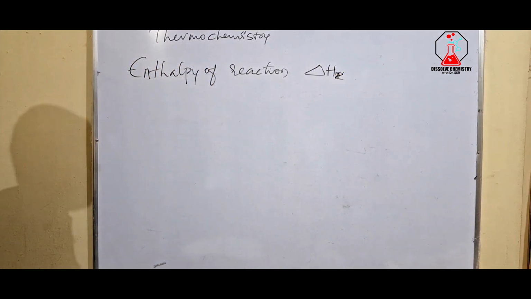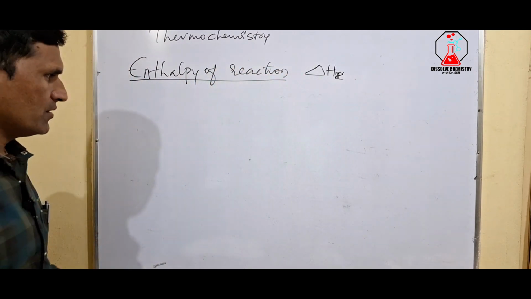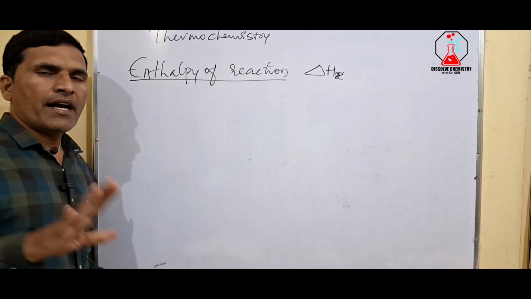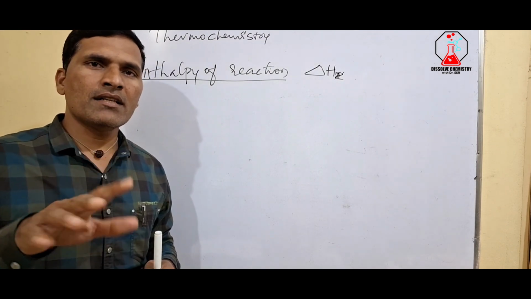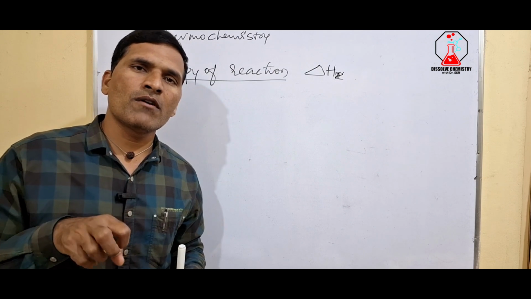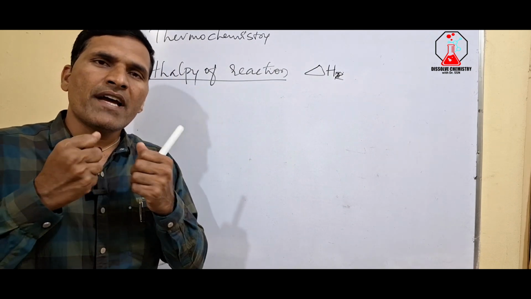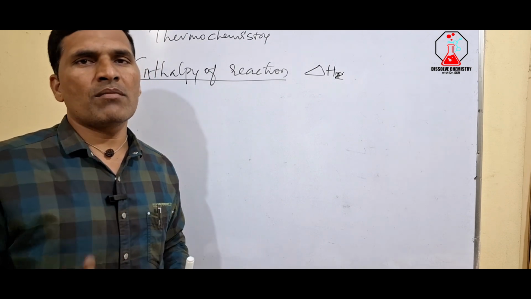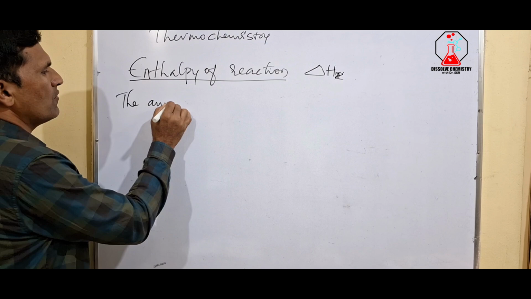Enthalpy of reaction. Now how to define this term? See here, I told you that during the reaction, either the energy is absorbed in the form of heat, or energy is given out in the form of heat during the reaction.